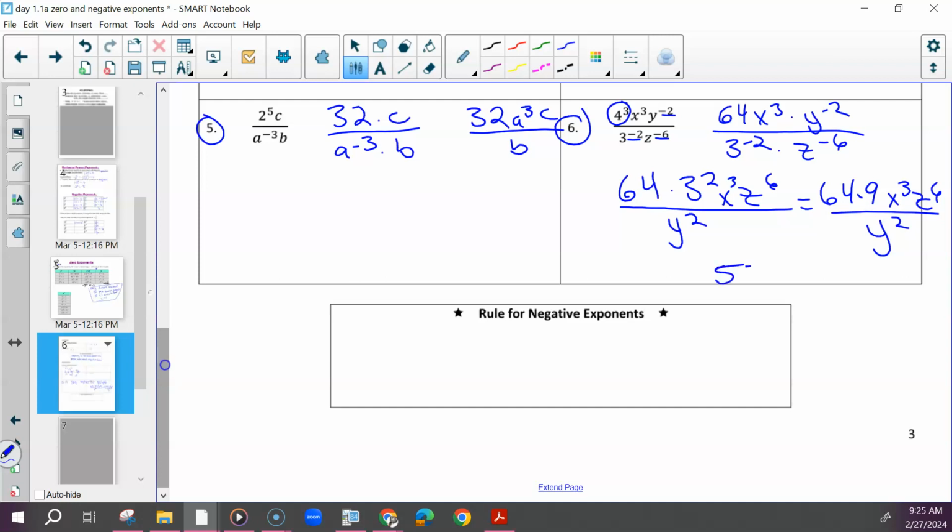We have 576 x to the 3rd, z to the 6th, all over y squared. And that would be your final answer. There's nothing else that needs to be changed. What questions do we have about that one?